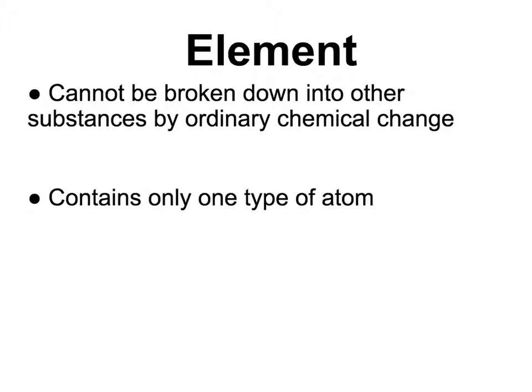We already looked at the definition of a pure substance, and one type is an element. As you know from previous science classes, elements are the most basic building blocks of matter, and they are substances that cannot be broken down by ordinary chemical change. Heating it or mixing it with different acids is not going to change the basic elements involved.